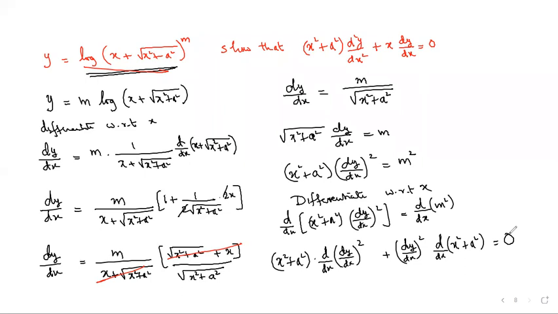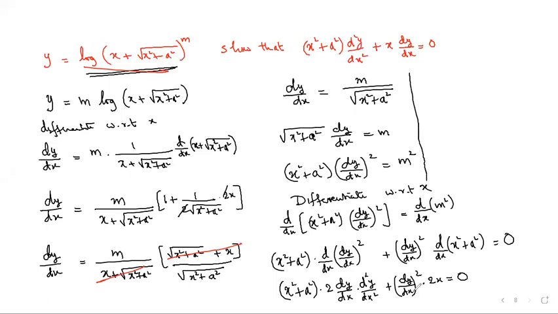Derivative of m square will be 0. Now we'll write directly the answer. 2 dy by dx into d2y by dx2 plus dy by dx the whole square into 2x equal to 0. Yes, like last time, here also there is a common factor. 2 dy by dx is common.